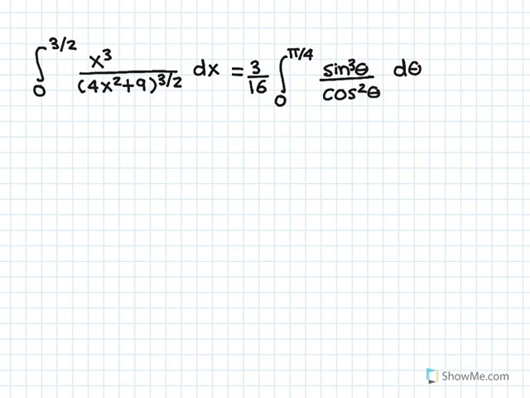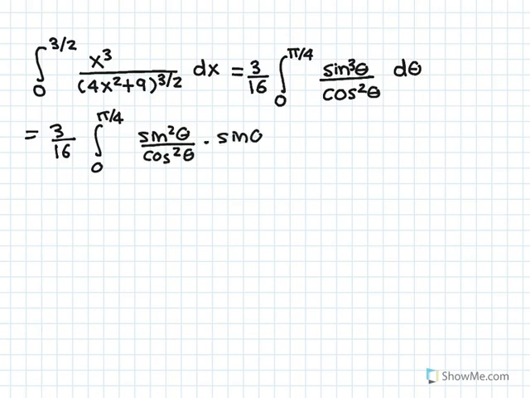Well, we have a trig integral, and whenever you see an odd power of sine, you should factor out sine theta. So what we get is 3 over 16 integral from 0 to pi over 4 sine squared theta divided by cos squared theta times sine theta d theta.